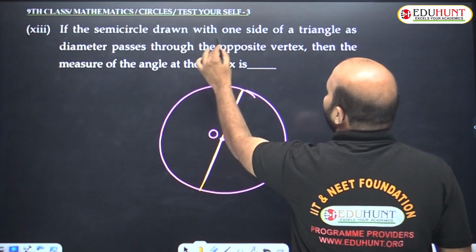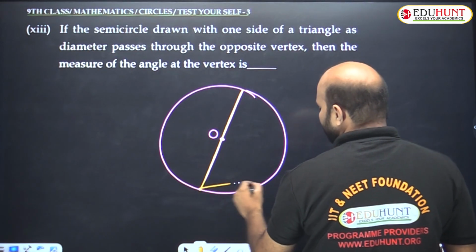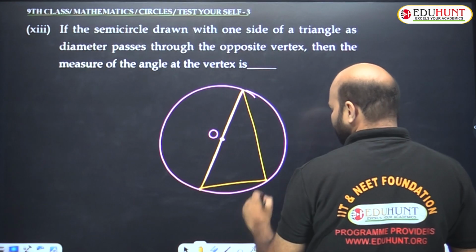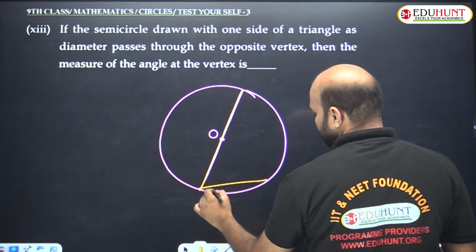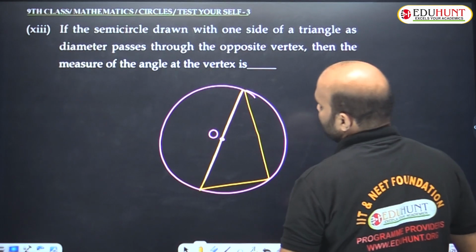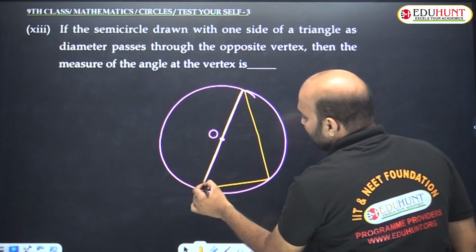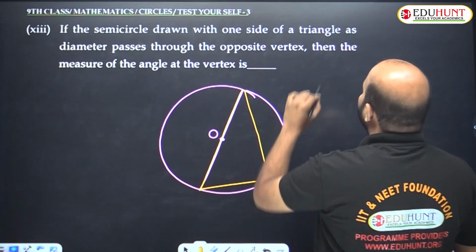If the semicircle is drawn with one side of a triangle, so this is one side of a triangle.